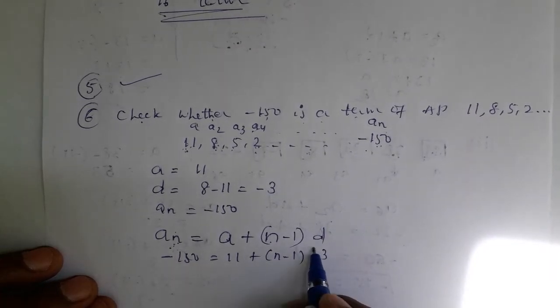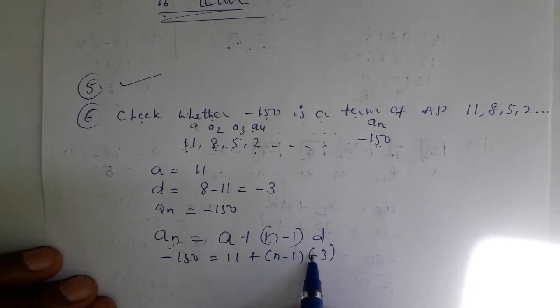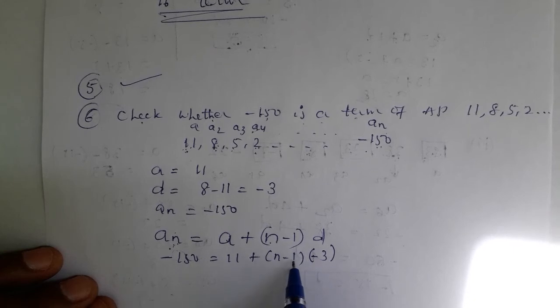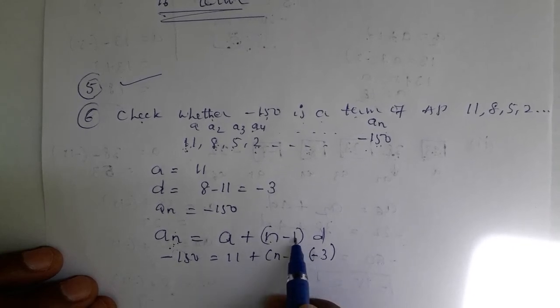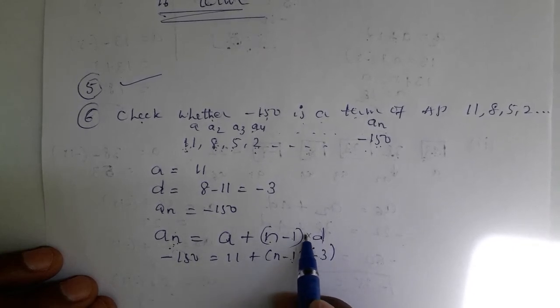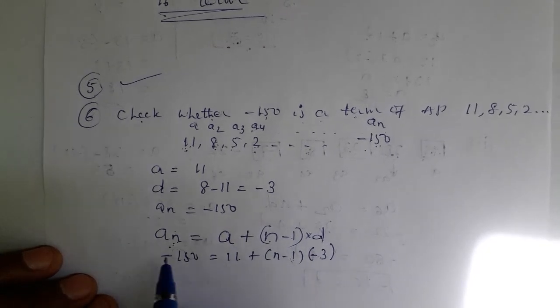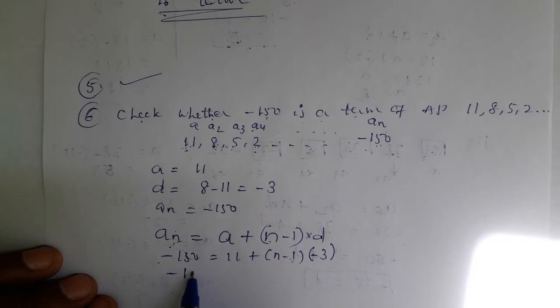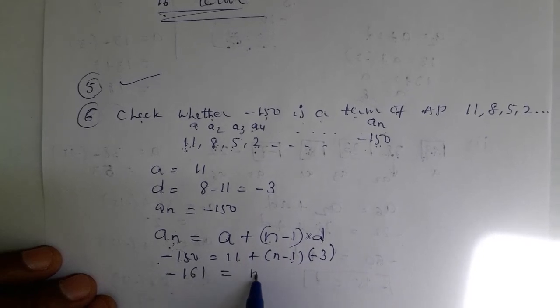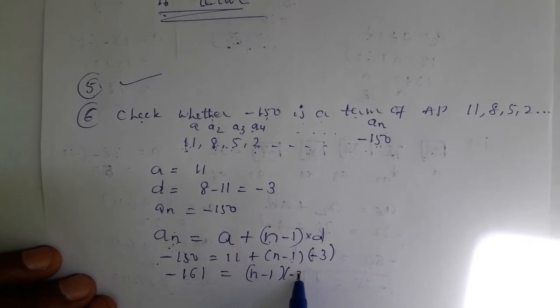Don't write minus 3 like this, write it in brackets. If you write minus 3 like that, you may add minus 1 minus 3 as minus 4. Actually between these two multiplication is there: n minus 1 and d, multiplication. So better you write it in brackets. Now 11 shifts to this side, it becomes minus 161 equals n minus 1 into minus 3.